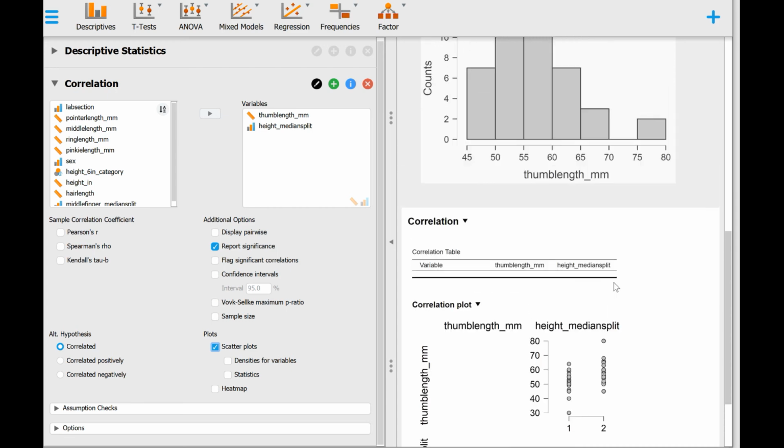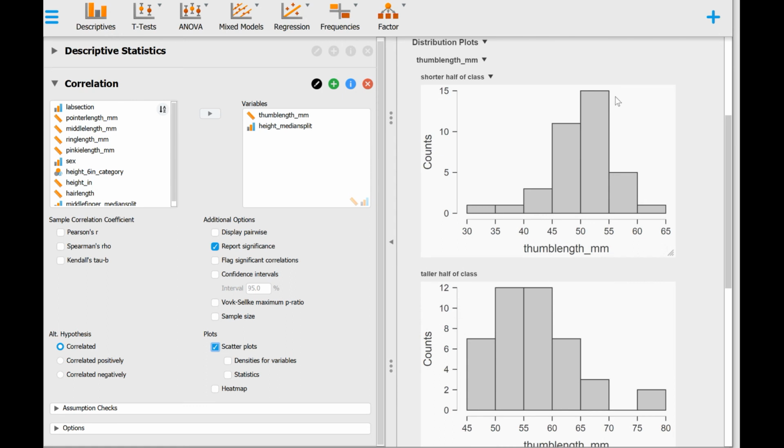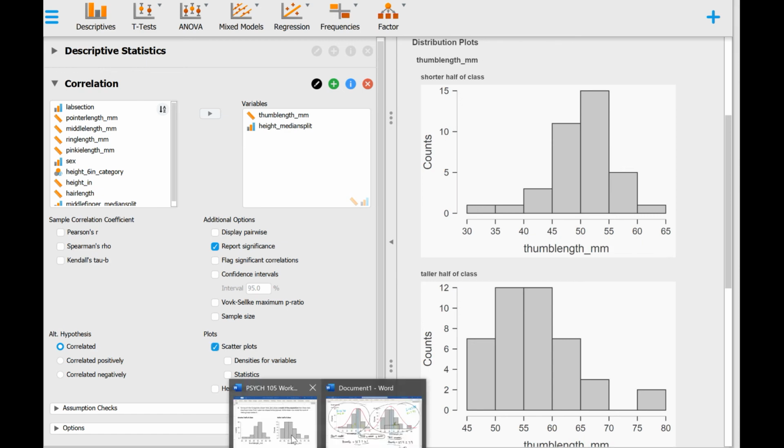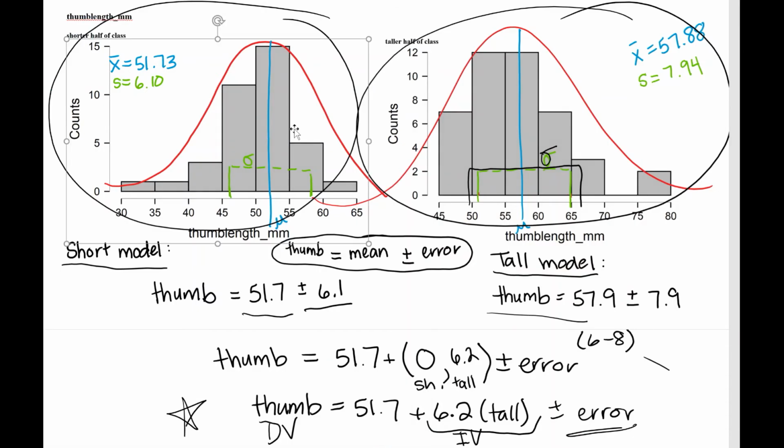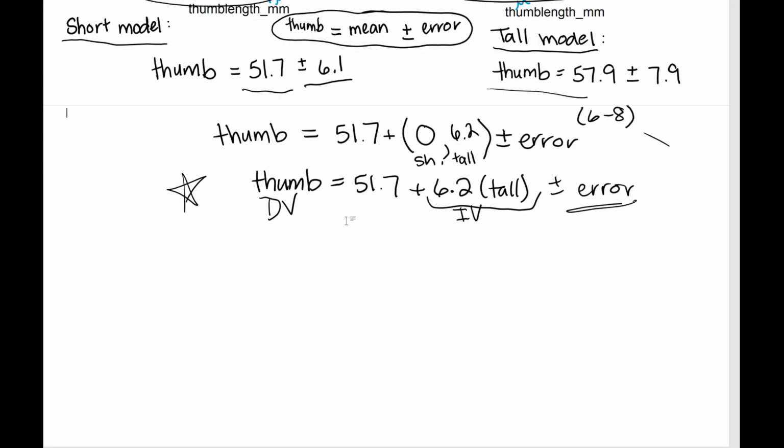So what we've done is, if you imagine taking one of these histograms and flipping it on its side. Oh, I wonder if I can do this in Word. That might be fun. Okay, so let's take this one and bring it down here.